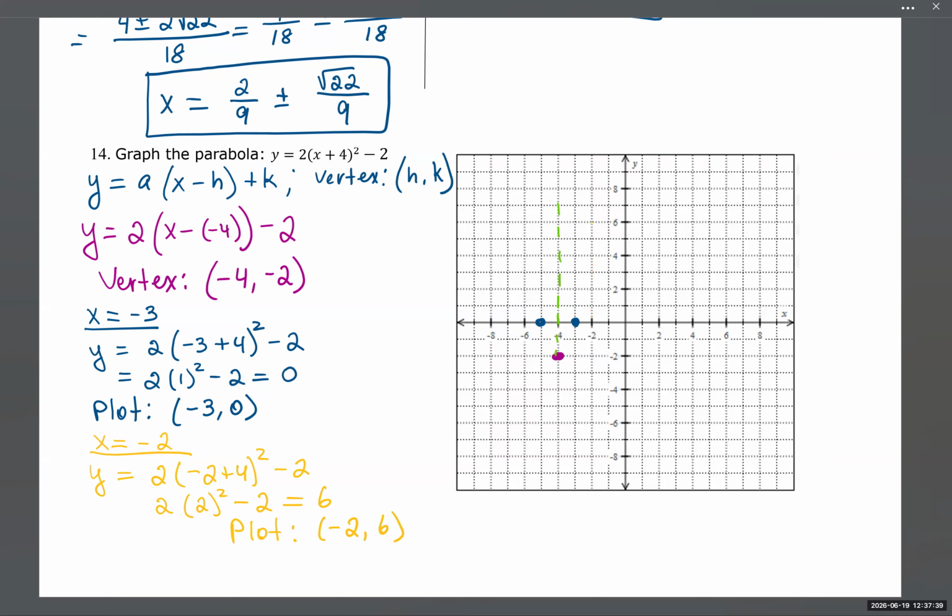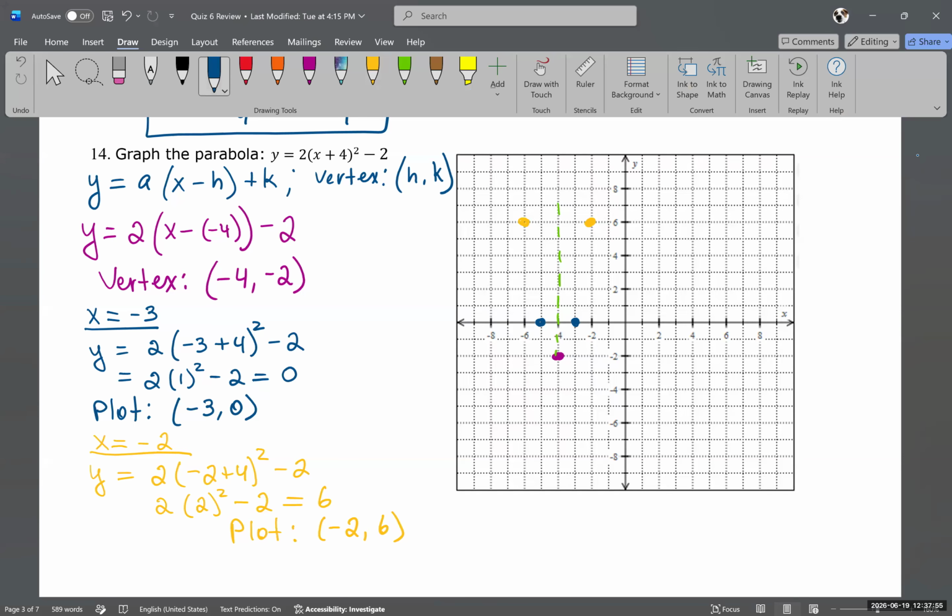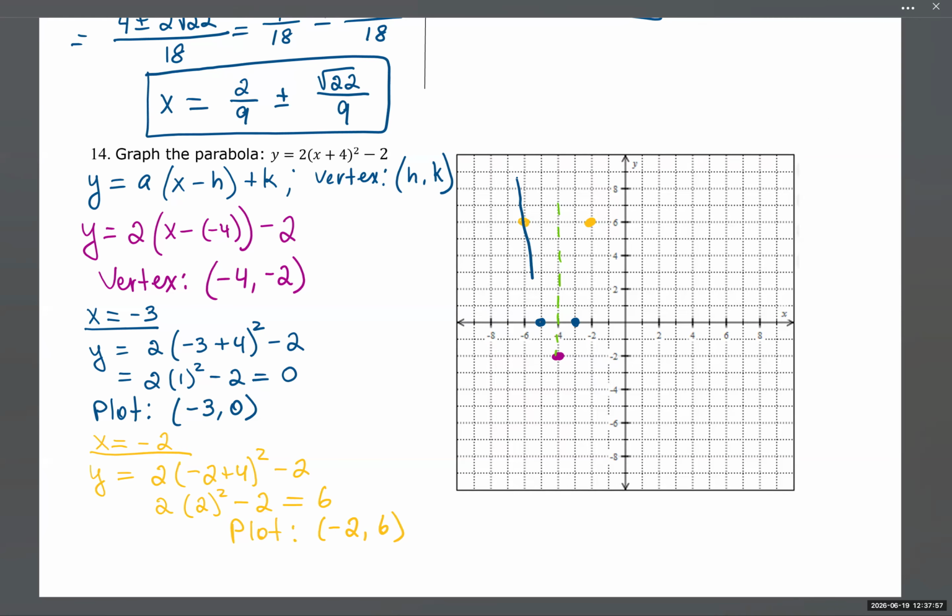So -2 and all the way to 6. And you know that by symmetry of the parabolas, we would have another point 2 away from the axis of symmetry on the other side. So this is enough points to actually connect the dots and graph the parabola itself.